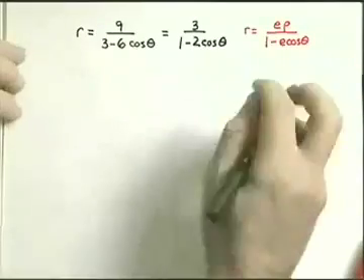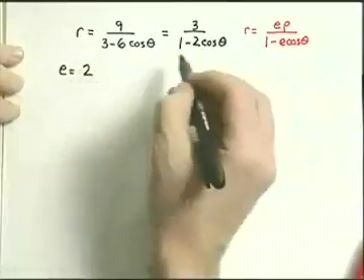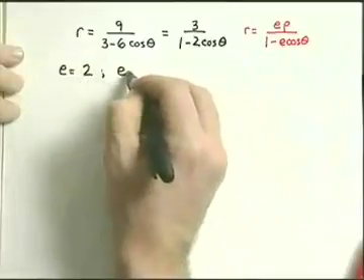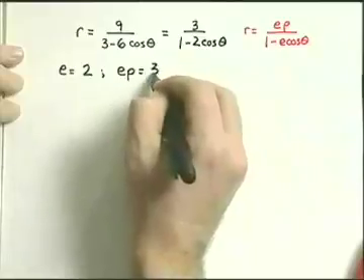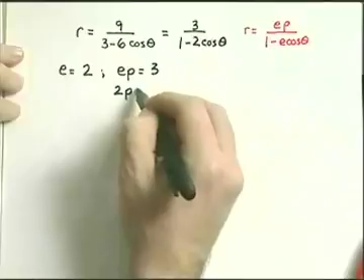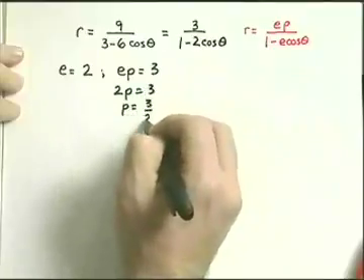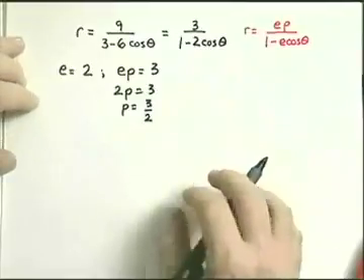Now I can see by inspection that e is equal to 2, and I can see that e times p is equal to 3. Because e is 2, I have that 2p equals 3, and p is equal to 3 halves.